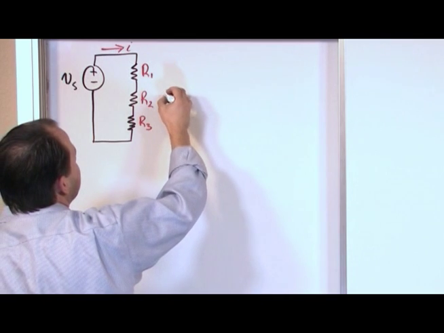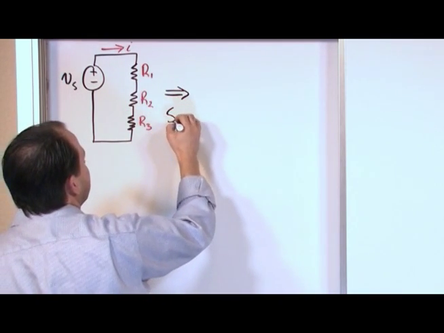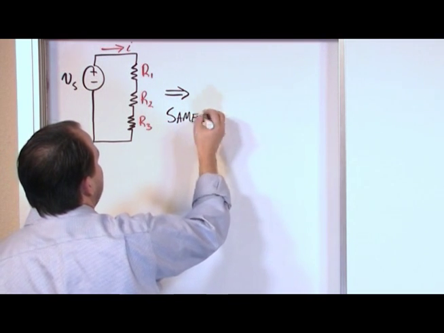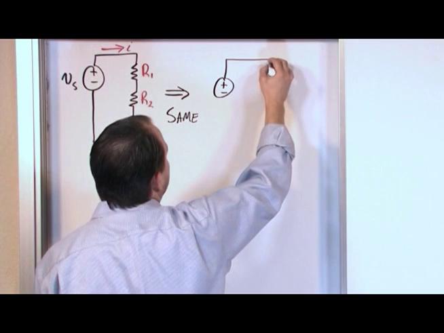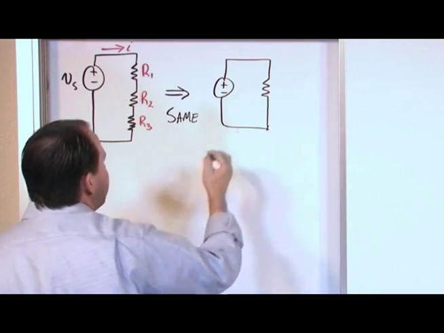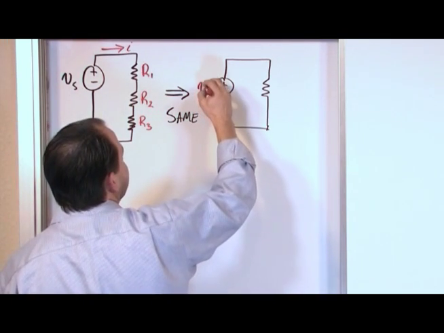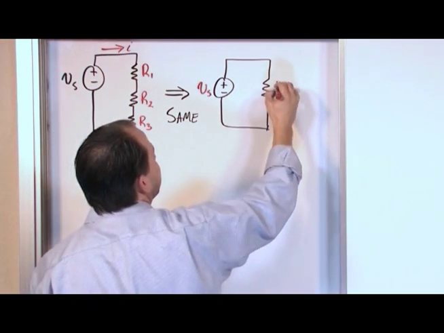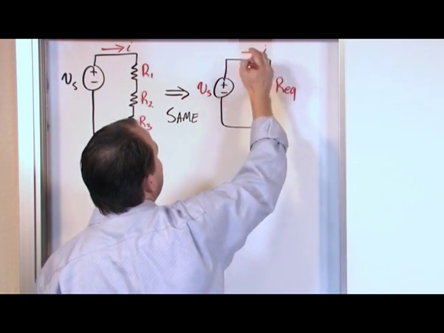If you see resistors like this, then it's the exact same thing as something like this. So let me draw the source again. I'm going to draw one resistor like this. So when you see some resistors in series like this, it's exactly the same thing as some equivalent resistance, and of course the same value of I, of current flowing.